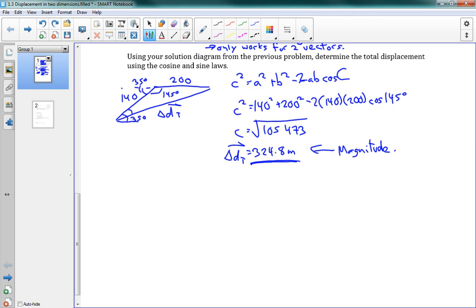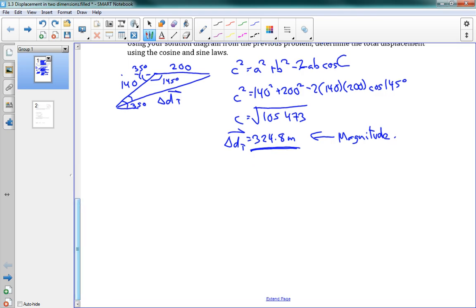Okay. So now to get the angle, this was all using the cosine law, and now we're going to use the sine law. So what we can say is this angle here we're trying to find, we'll just call it theta.